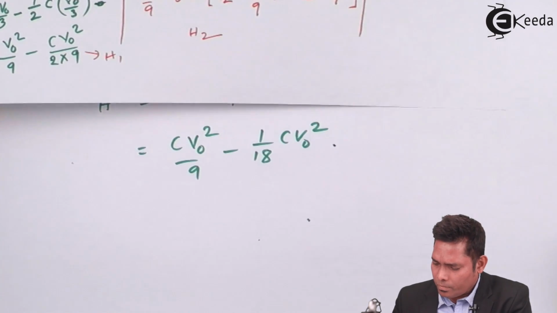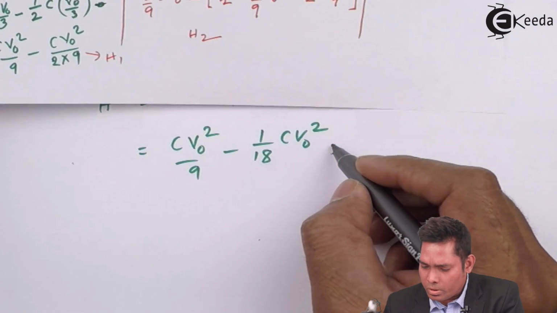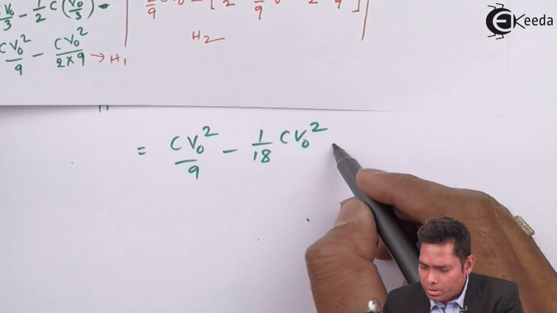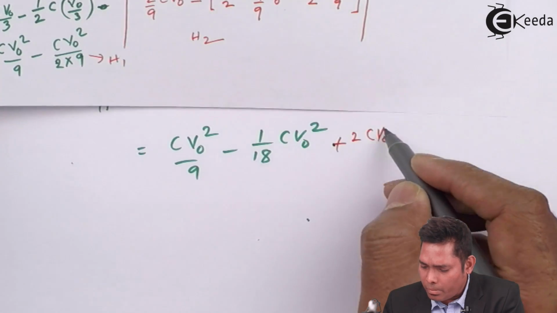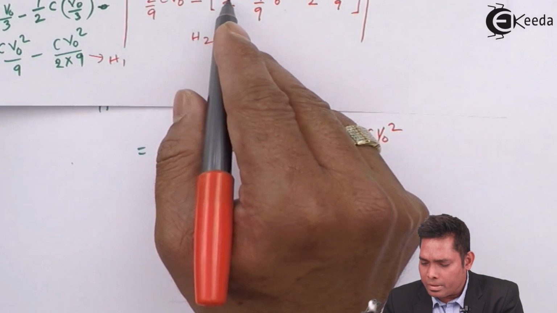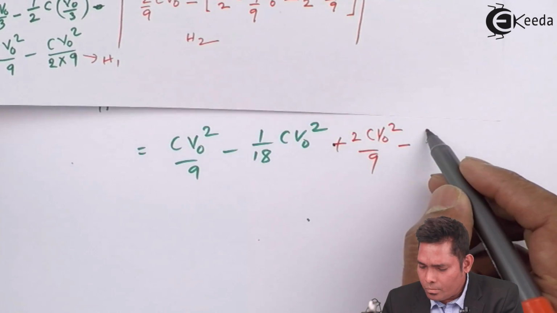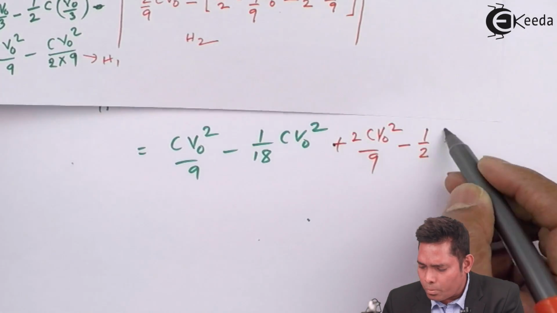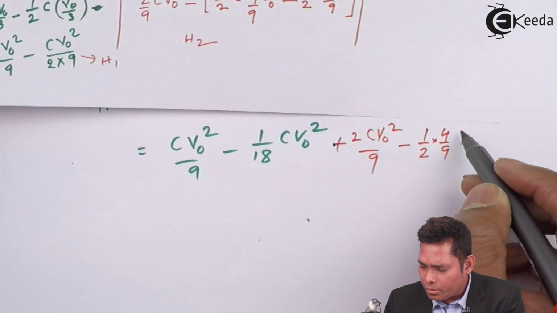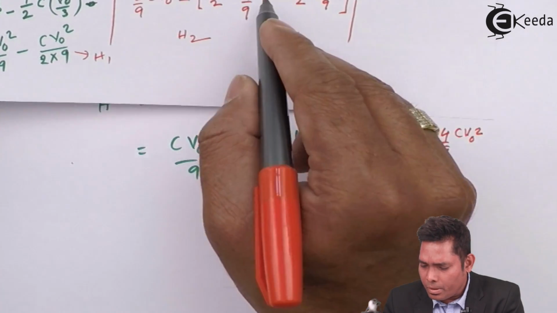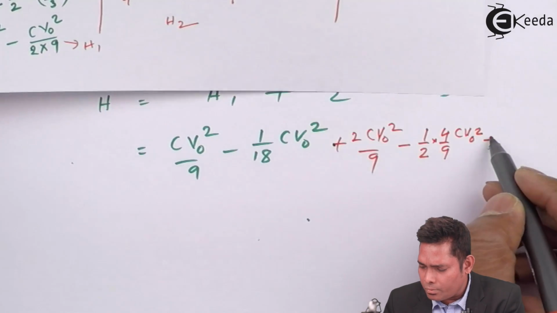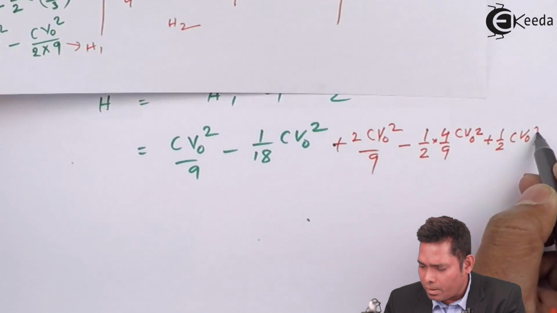H2 is this plus 2 CV naught square by 9. This is minus, this becomes plus, so this becomes minus of 1 by 2, 4 by 9, multiplied by CV naught square, and this becomes plus half CV naught square divided by 9.